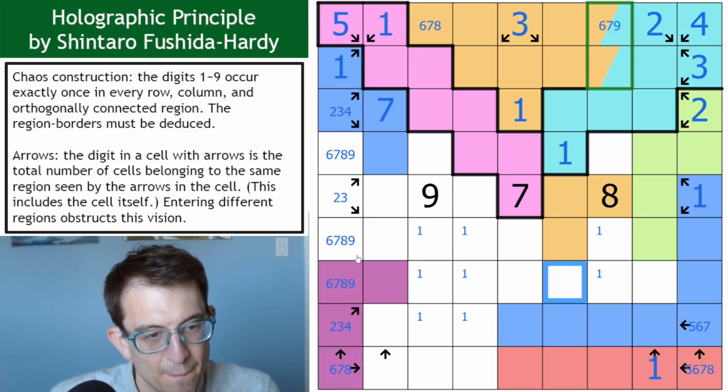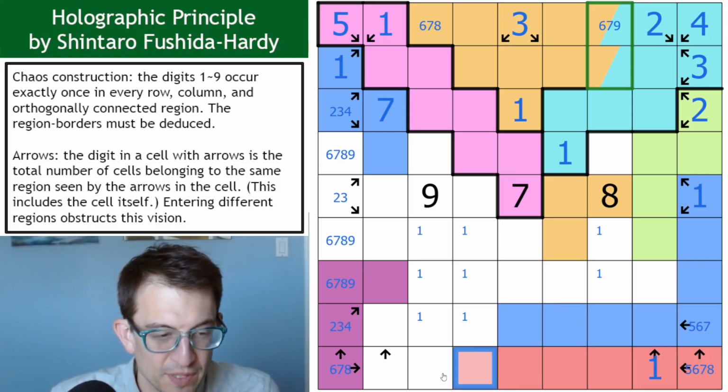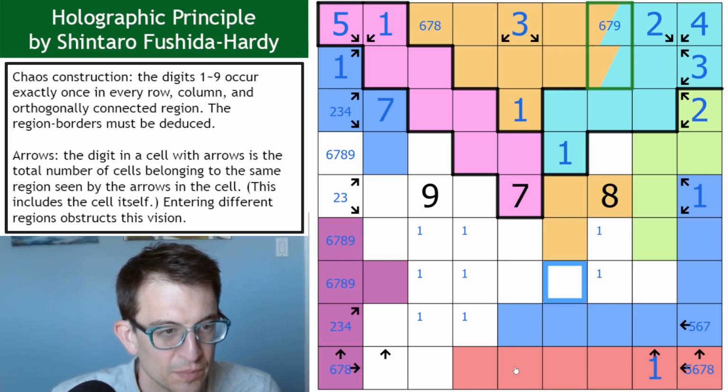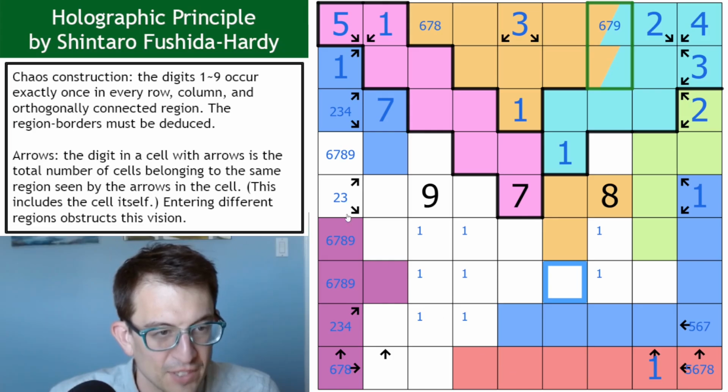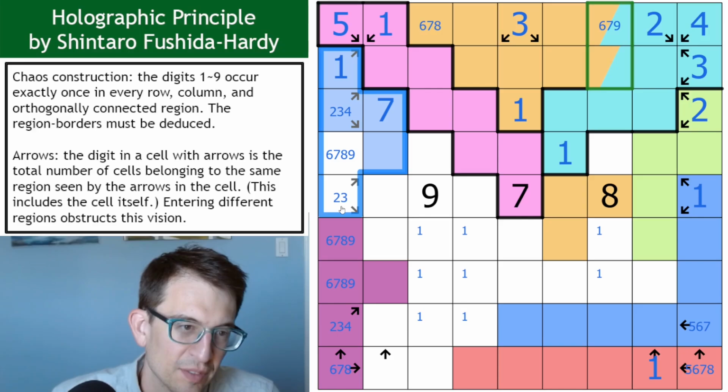Okay. Red has to grow, which means this now has to be 1, 2, 3, 4. So this is purple or maroon. Is there any way this is blue? Yeah.